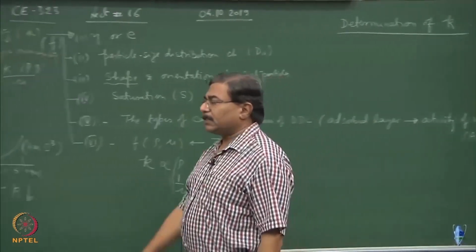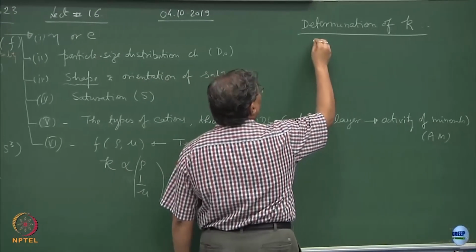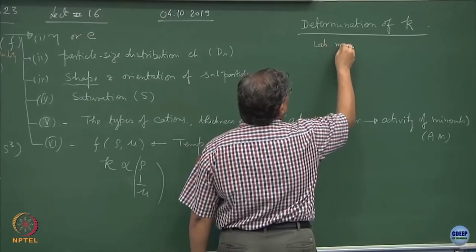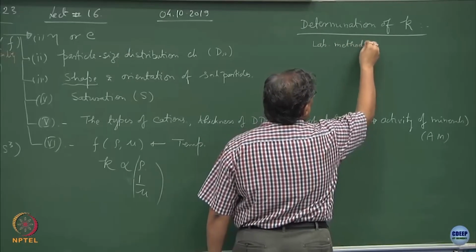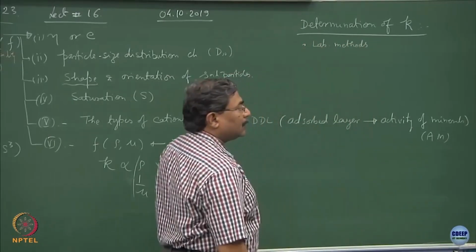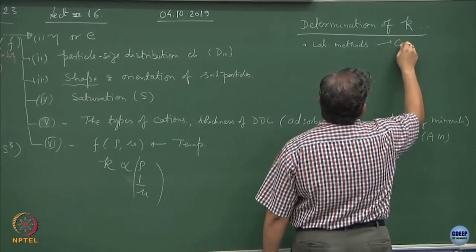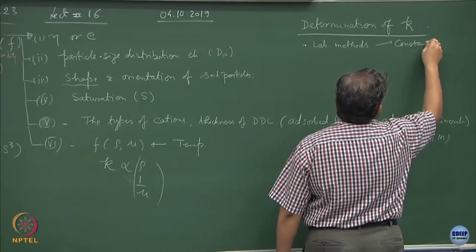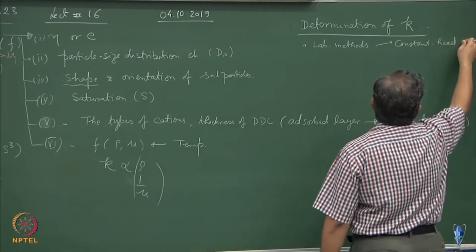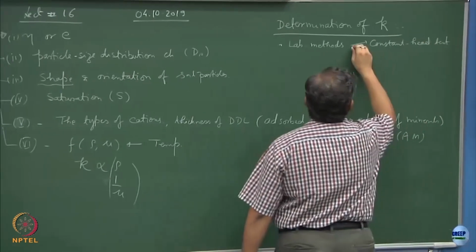So, until now we have discussed two methods which are mostly the laboratory methods. If you remember, these are the constant head test and the falling head test.